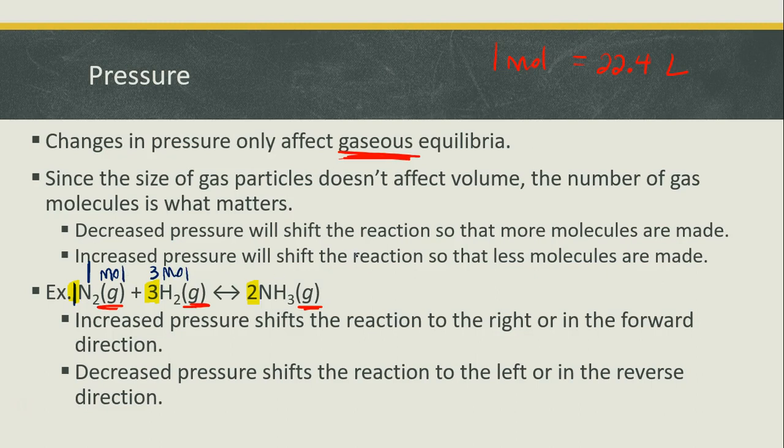That adds up to a whopping total of 4 moles on the left of the arrow. We have 4 moles of gas over here. You see I'm getting that 1 plus 3. Now on the right side of the arrow, we have 2 moles of gas. We have 2 moles of ammonia right here. So which side has more moles? The left. What that means is that pressure is going to be higher on the left and lower on the right. You're going to have to do this in order to answer the questions.